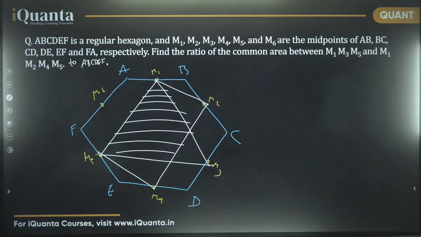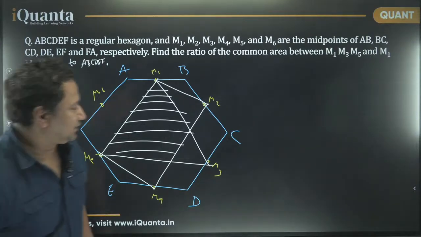The people who have written 1 is to 2 as the answer, so they assumed that I am talking about the entire hexagon, right? कर लिया assume, ठीक है. चलो तो 1 is to 2 तुम्हारा आंसर है ना? Okay. तो सॉल्व करते हैं.